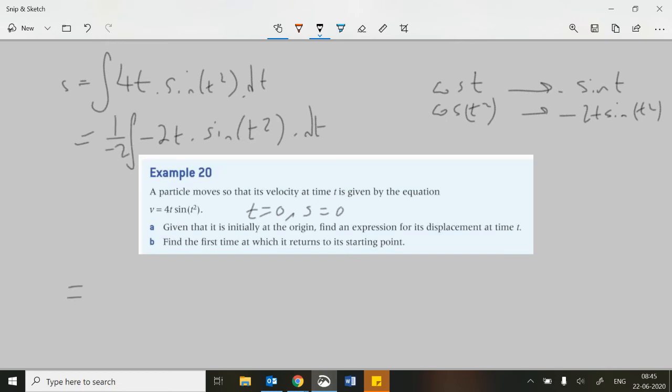Then that brings me to minus a half, and inside this integral here, we can see goes backwards to cos t squared.